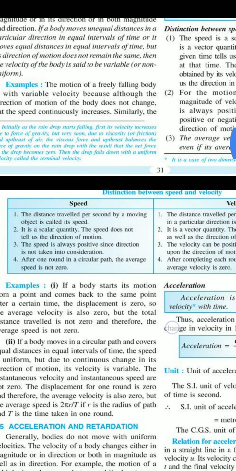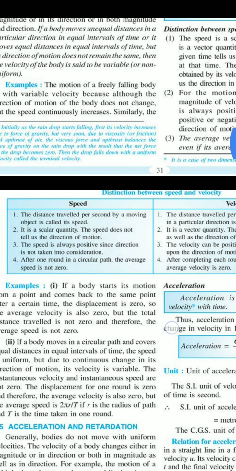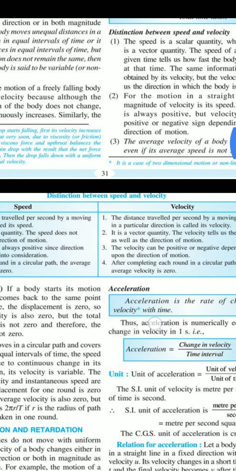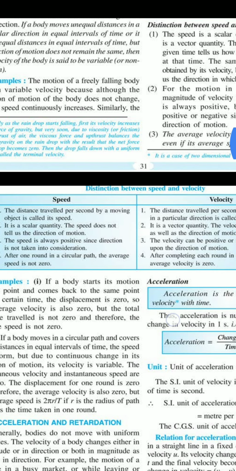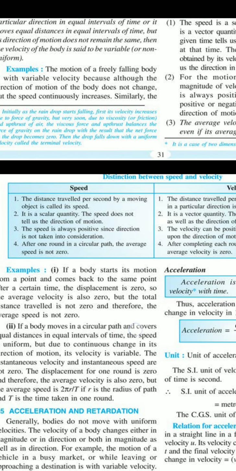The next sentence: the speed does not tell us the direction of motion. Simply scalar quantity. That means we are not talking about the direction here. Then speed is always positive, and because displacement can be positive or negative, therefore velocity can also be positive or negative. And after one round in a circular path, the average speed is not zero.